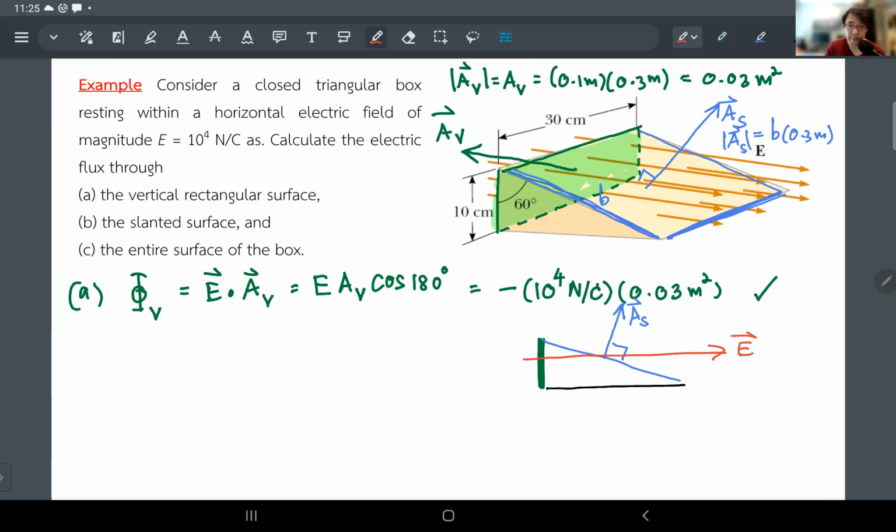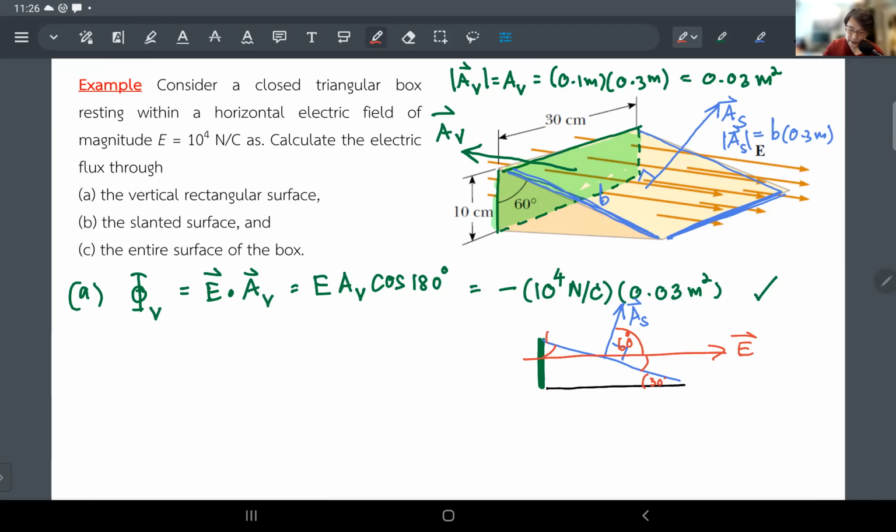Because the problem says the angle on top right here is 60 degrees, you can say this is also 30 degrees. That 30 will give you back 60 degrees right here. Does that make sense?